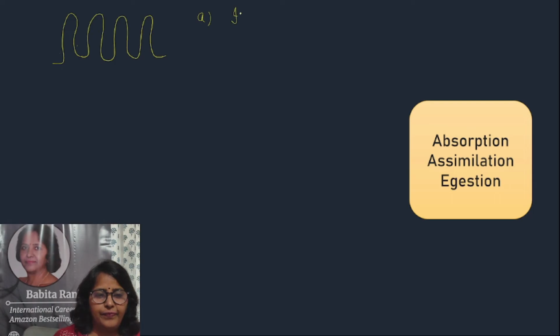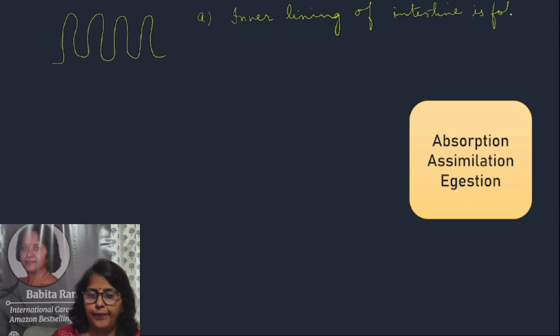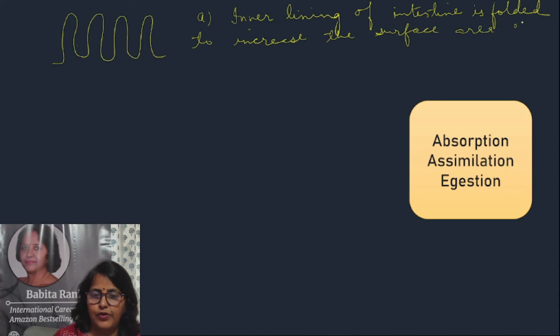Its inner lining of intestine is folded. Why? To increase the surface area of absorption.